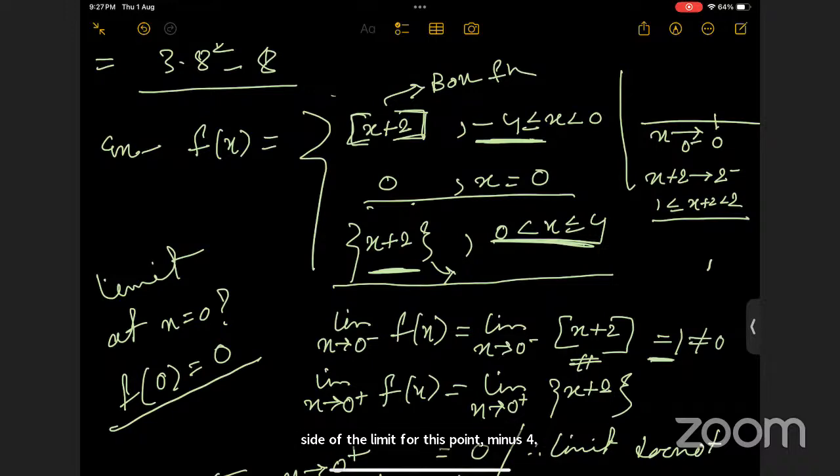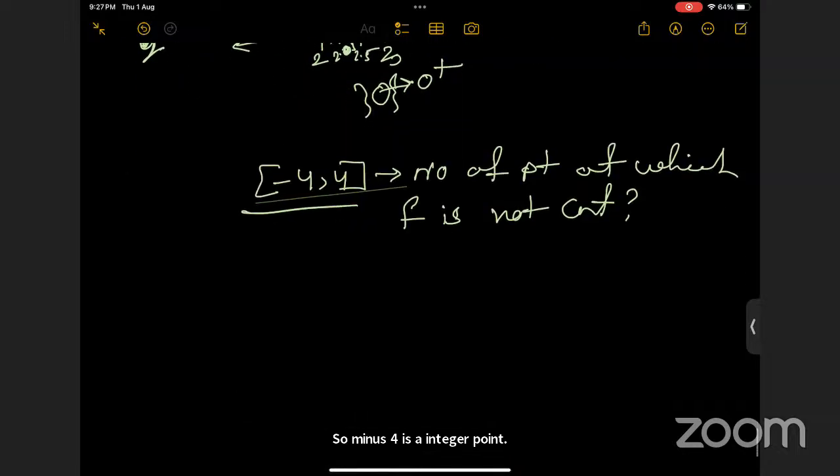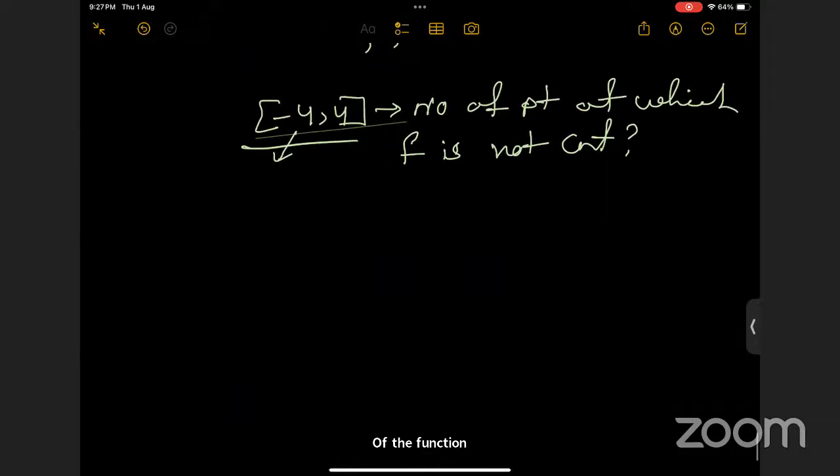We don't need to consider the left hand limit. We only need to consider the right hand limit for this point, -4. So -4 is an integer point, but in this interval, this point is not a point of discontinuity of the function. I don't understand, ma'am.